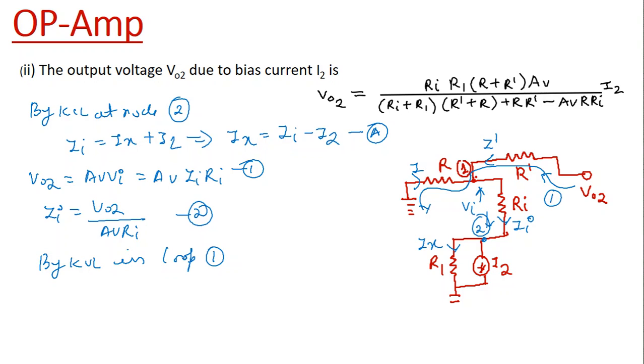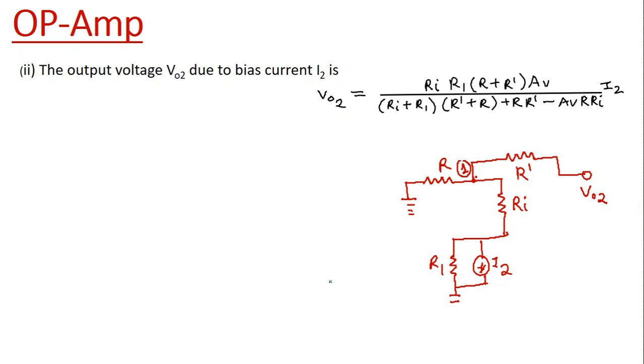This is loop number 1. So we get VO2 minus I dash R dash plus IR is equal to 0. So this is our equation number 3. Now again we apply KVL in loop 2.